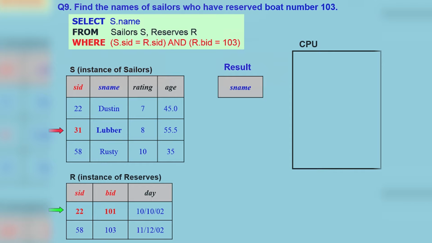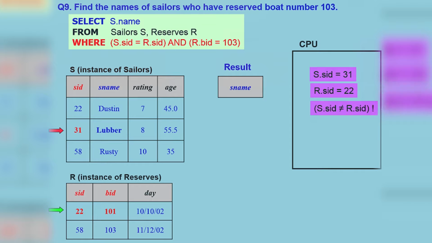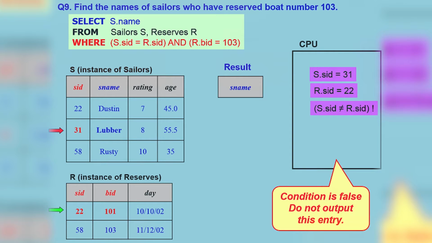Third step. S.SID is equal to 31. R.SID is equal to 22. Condition is false. Do not output this entry.